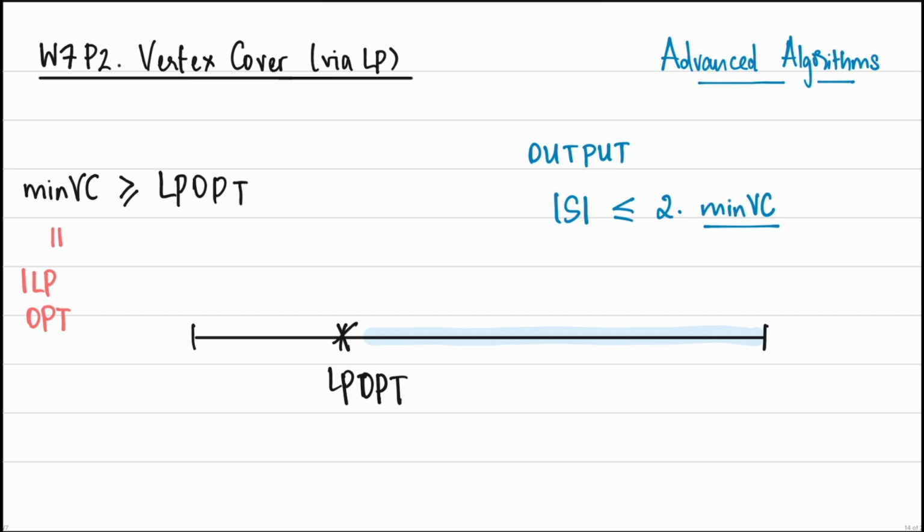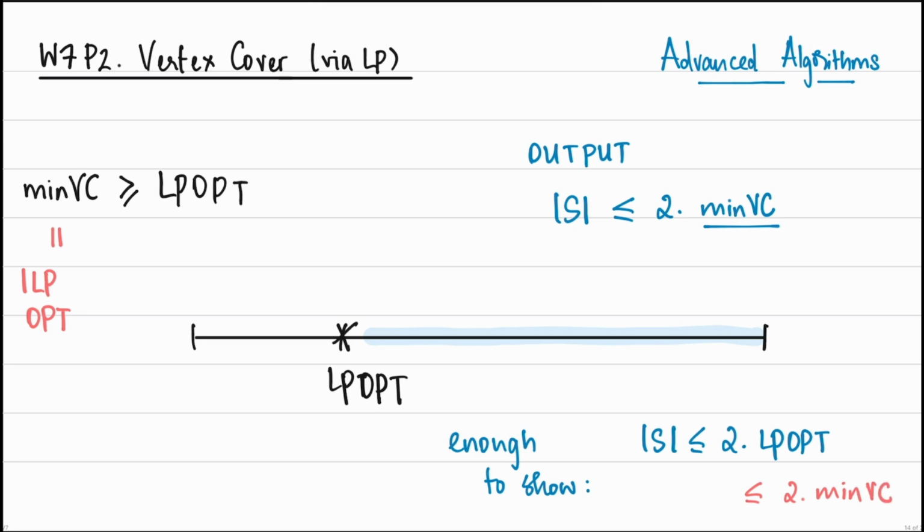And notice that it's enough to show that the size of S is at most twice LP opt, because then we can plug in the inequality that we had earlier to say that this is at most twice min VC.